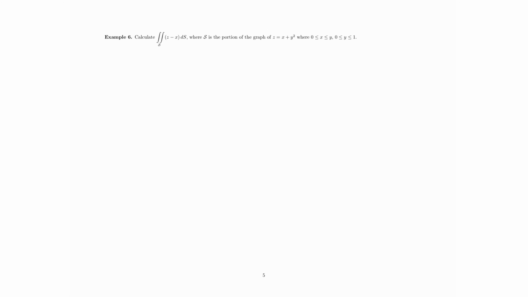So in general, given z is a function of x and y for, let's say, x and y in some domain D, we can use the following parameterization.